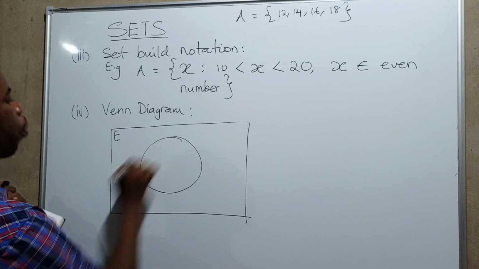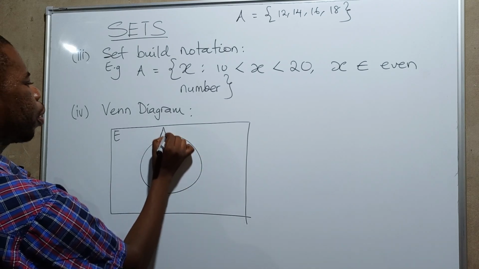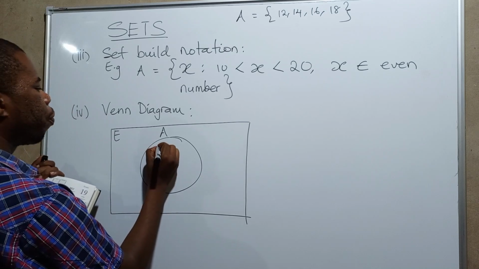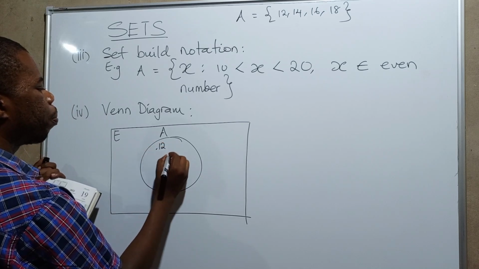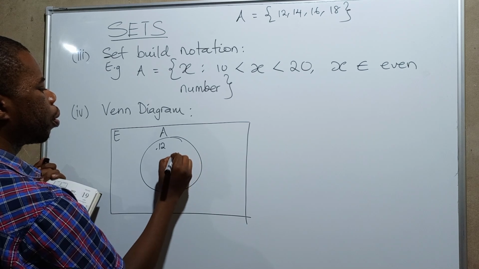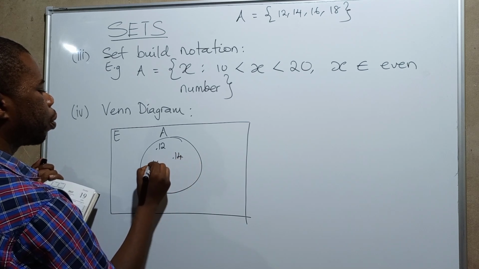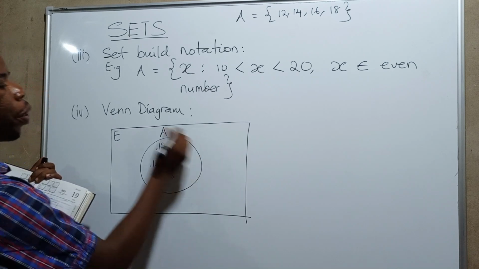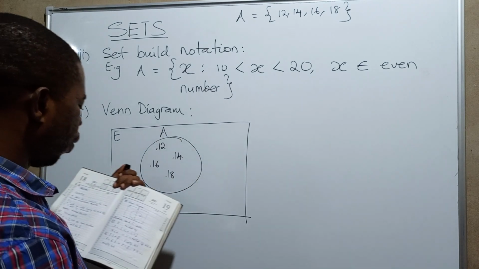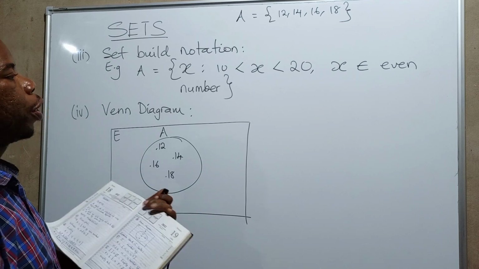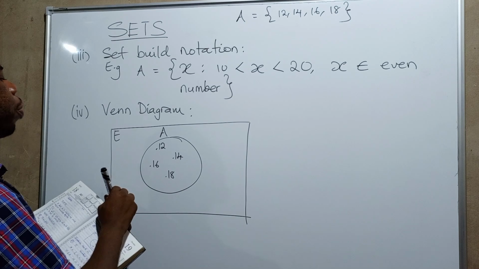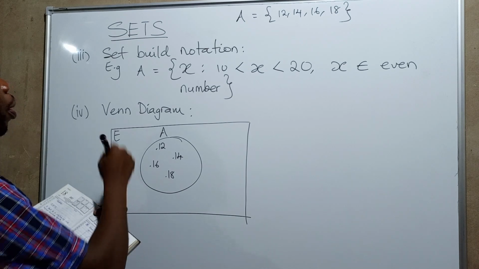And then we can draw a set there, which is set A. Then we can write now 12. Maybe we write 14. Then we write 16. Then we write 18. So we have represented that information in terms of Venn diagram.